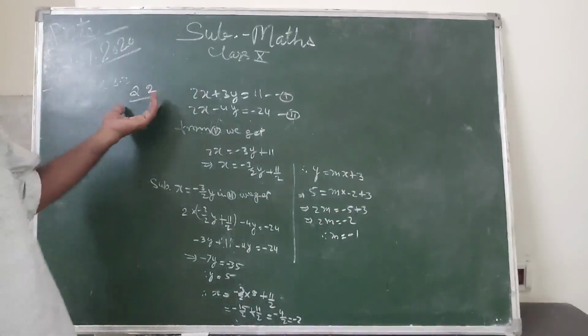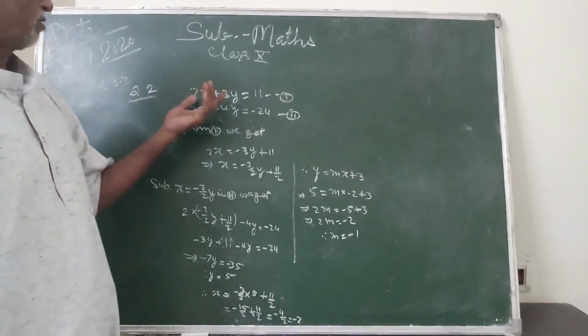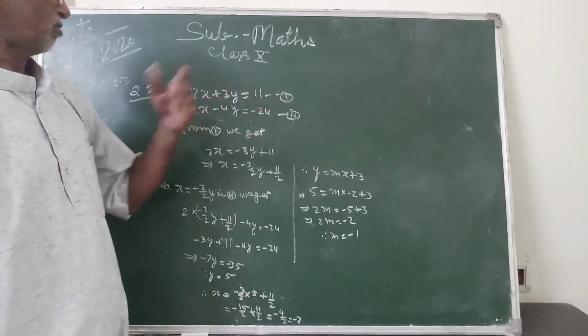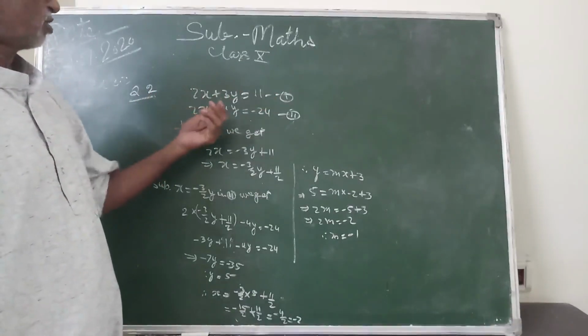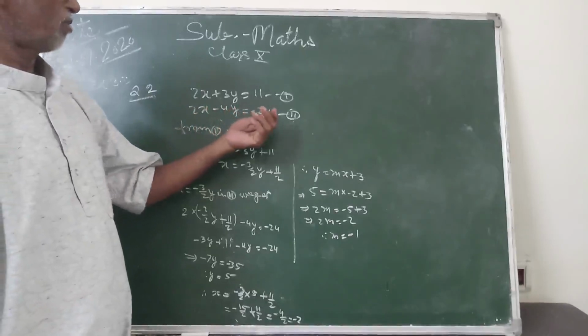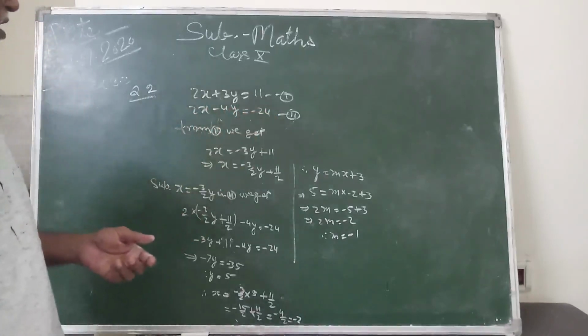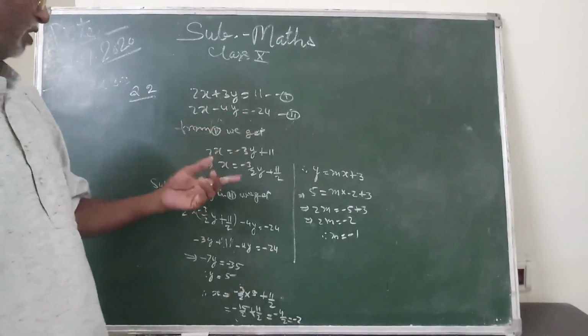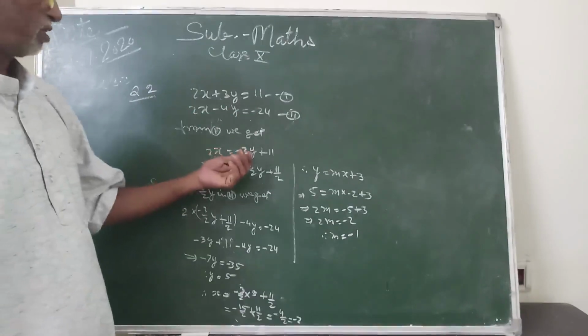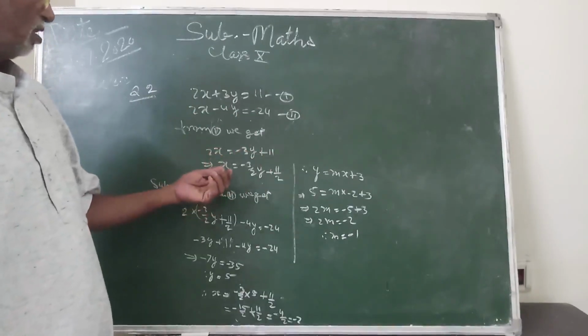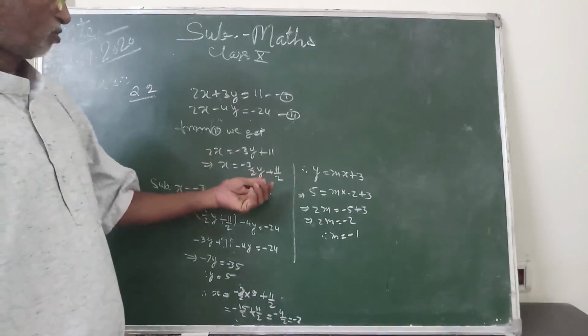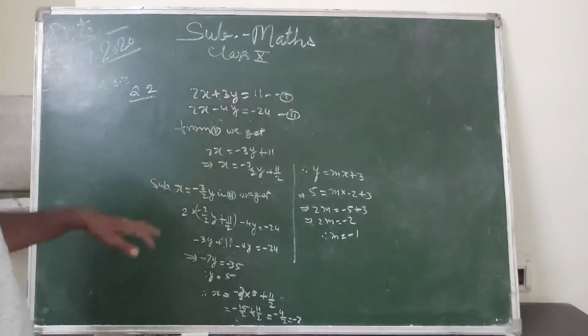So in question 2, to solve the equations 2x plus 3y is equal to 11 and 2x minus 4y is equal to minus 24. From the first we get 2x is equal to minus 3y plus 11, or x is equal to minus 3 by 2 y plus 11 by 2.